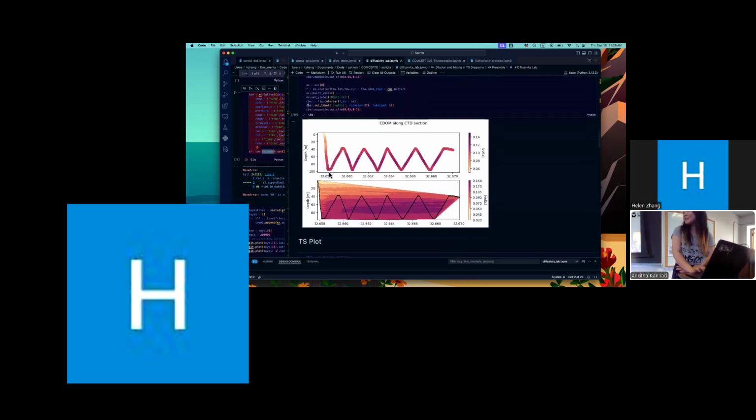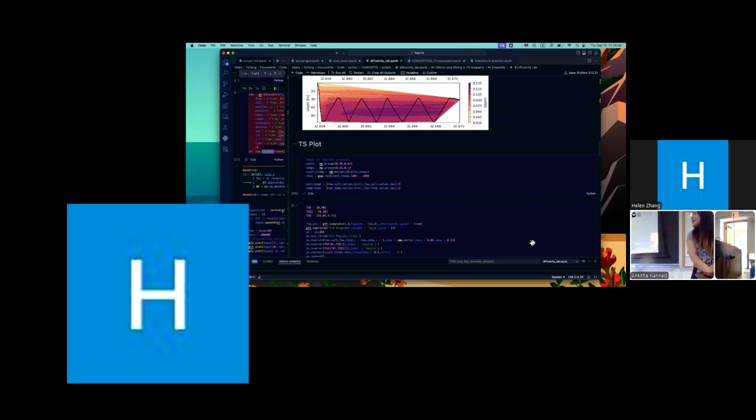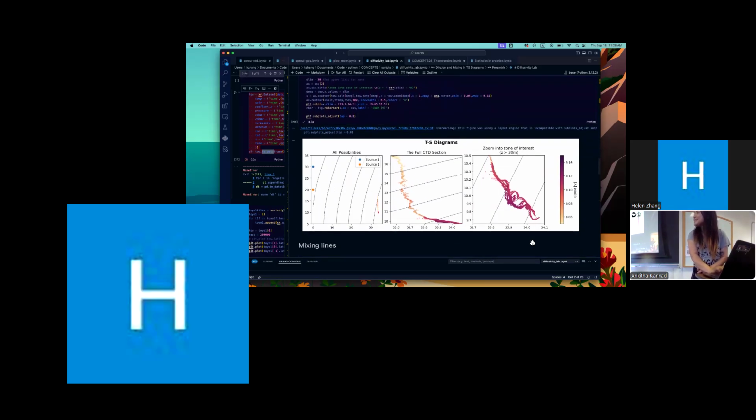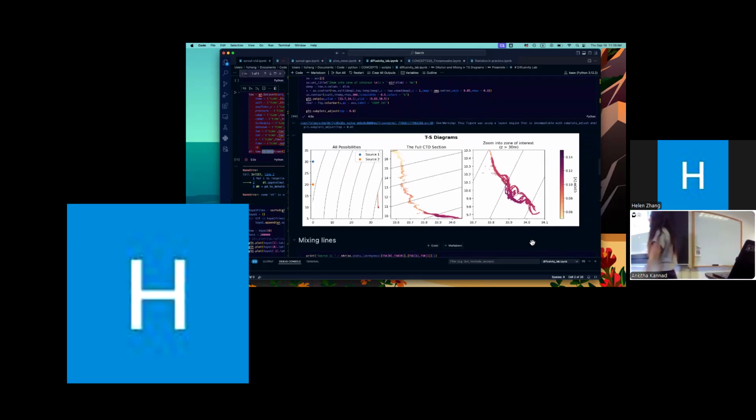So this is what that data looks like. Here was our CTD moving up and down the water column. And if you interpolate, you get a cool little section plot that looks something like this. Great, but really what we care about is putting it onto TS space. So here is that full TS line.